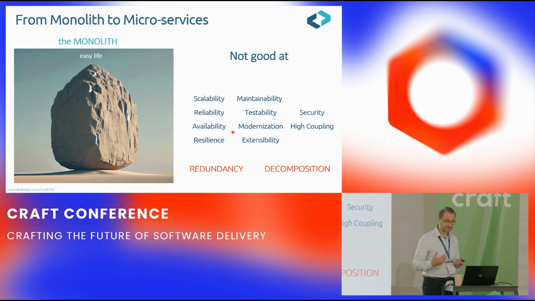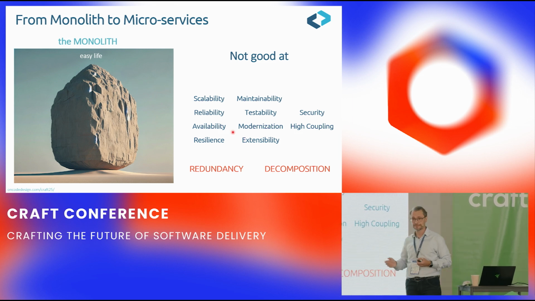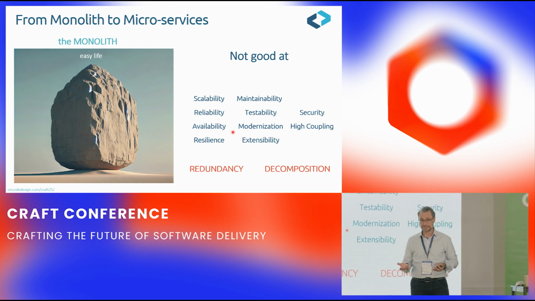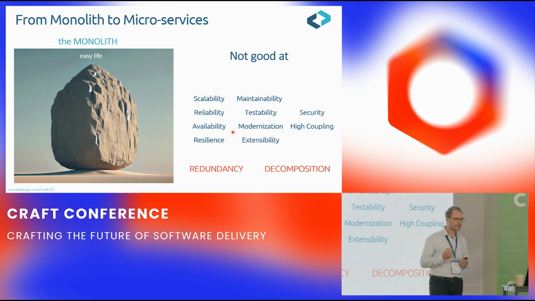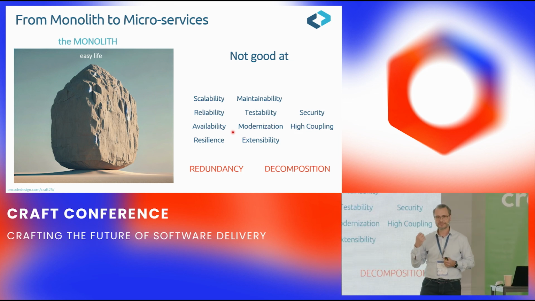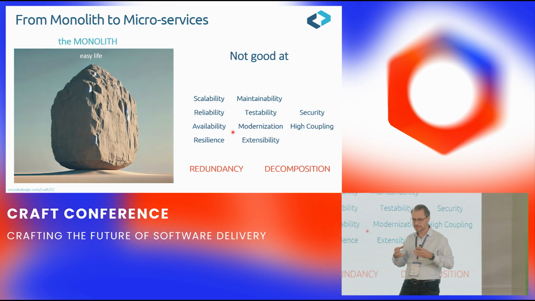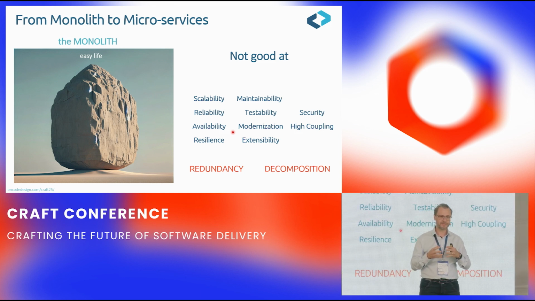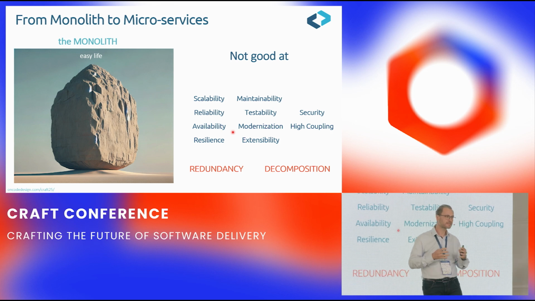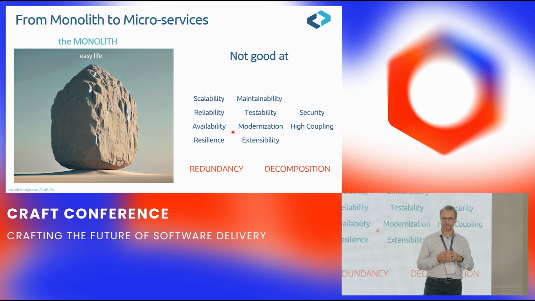Now, the monoliths have other downsides as well: maintainability, testability. And when you think about a monolith, many times you remember those huge code bases with a high coupling, which makes things difficult to change.